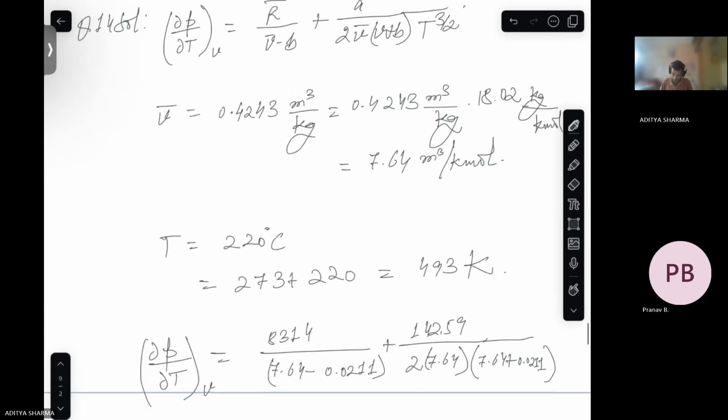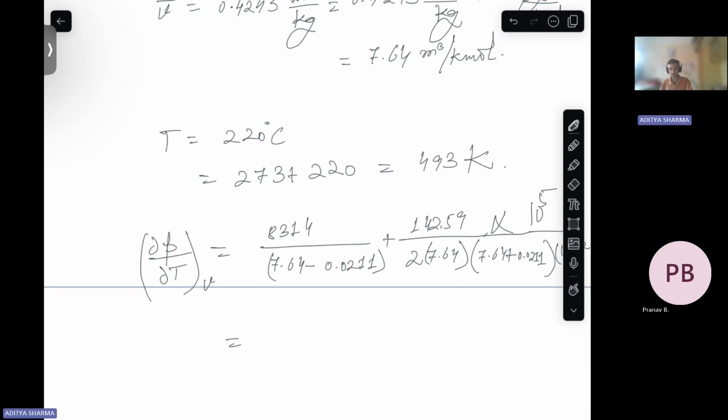And then T is also given, that is 493 raised to power 3 by 2, right? And then 110 raised to power, we will add here to convert the bar into Newton per meter square. Okay.